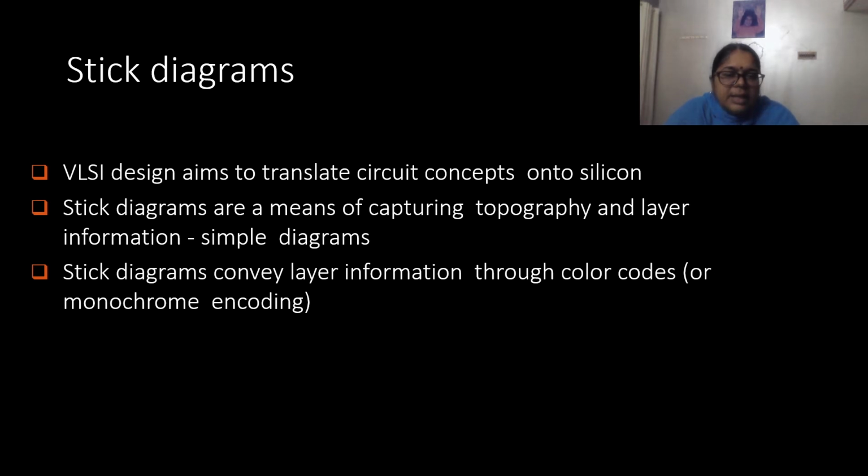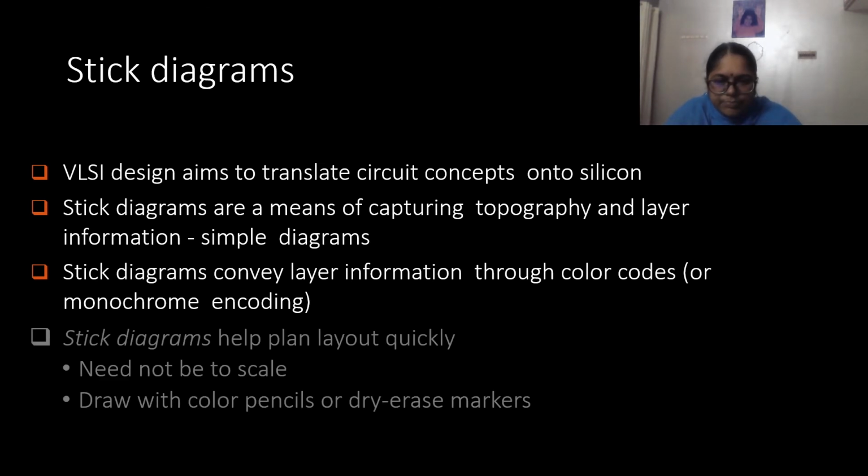They convey layer information in the form of color codes and monochrome encoding. Through these color codes and monochrome encodings, the different layers which need to be used are conveyed to the fabricator.